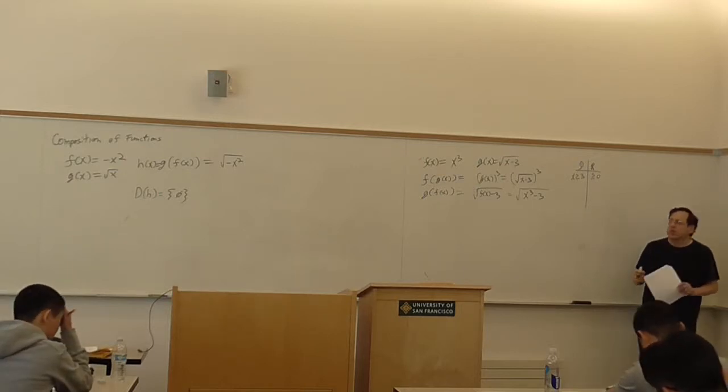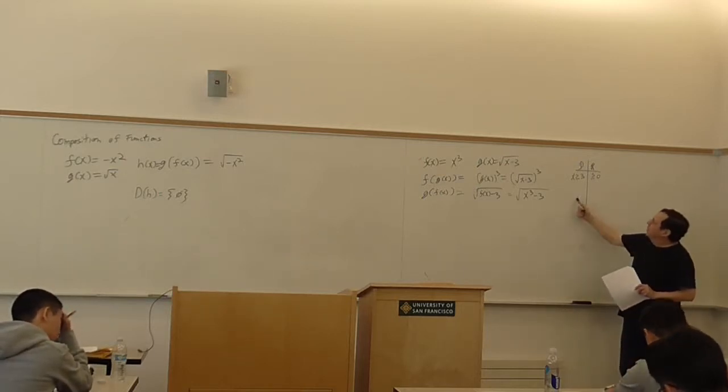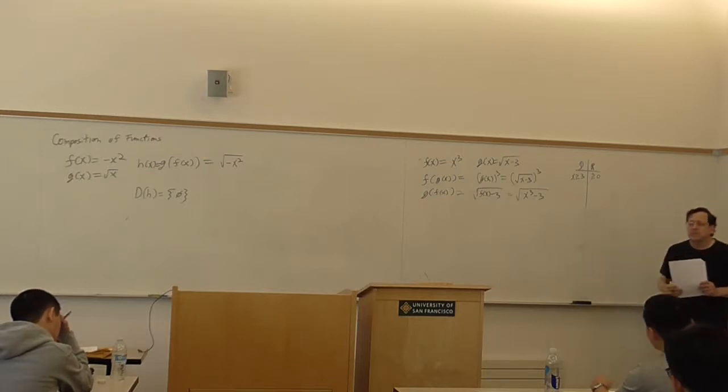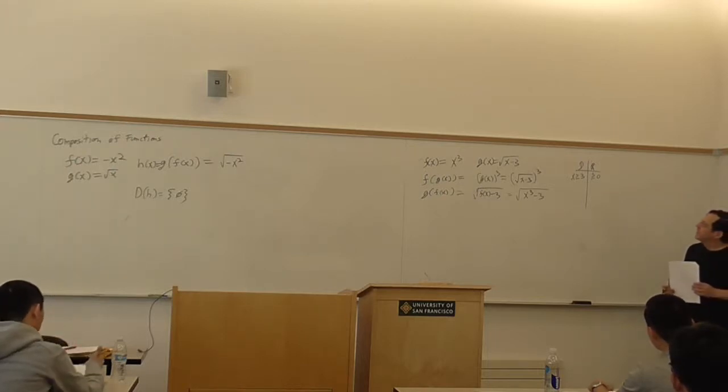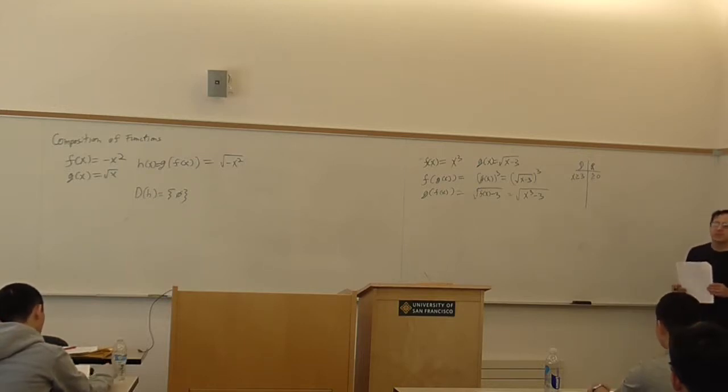Someone in Kenny's row, what's the domain on this function? This is the hard problem of today, so it's really good if you get this. No? Some other team want to jump in here?